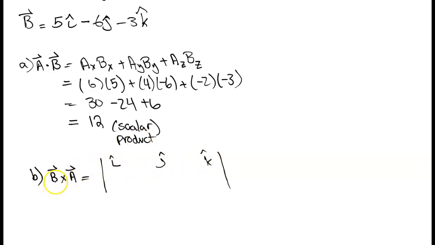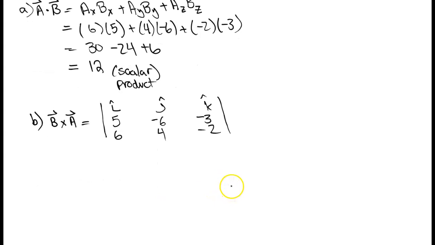We have to put the first vector, which is in this case B, that appears in the multiplication, and we put the components of B, which are 5, negative 6, and negative 3. And then in the last row, we put the components of A, which are 6, 4, and negative 2.